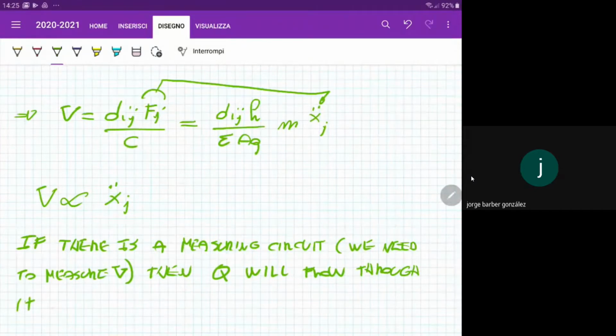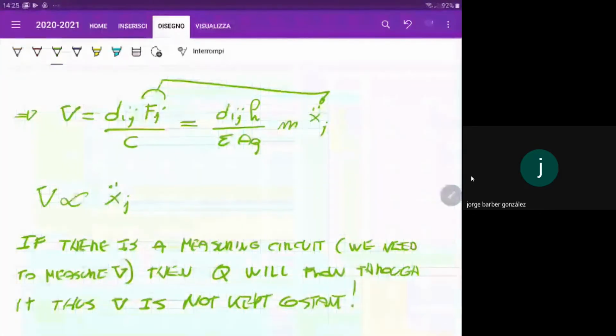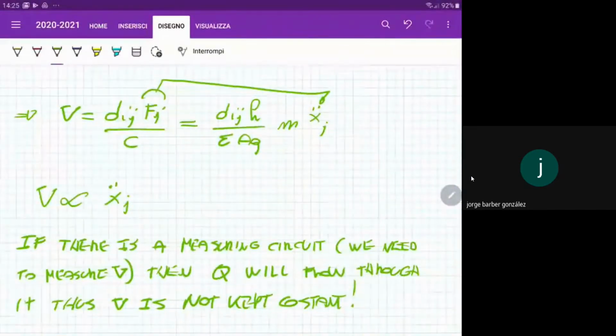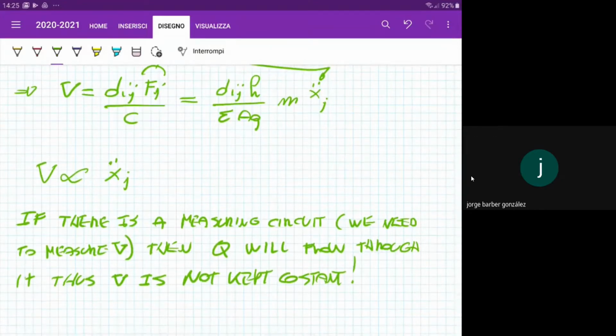Okay, thus the output tension is not constant. So we need to be sure that what we are measuring is referring to the actual acceleration, and we have to take into account the measuring circuit itself.